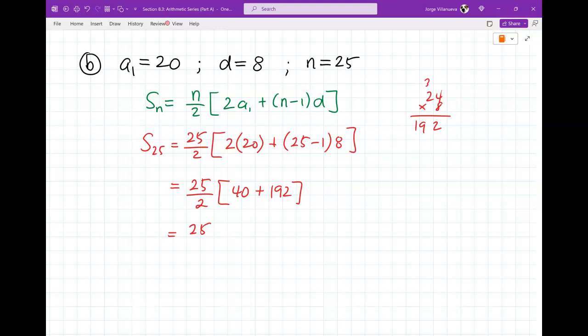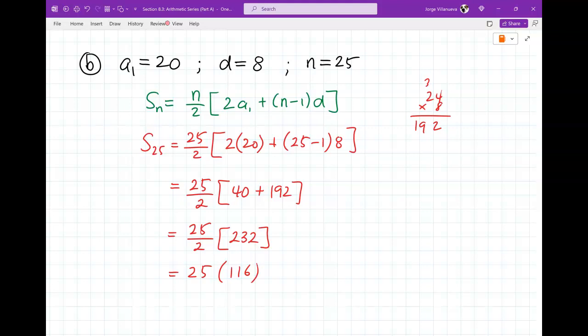So it's 25 over 2 times 192 plus 40, that's 232. And 232 divided by 2 is 116. So that's 25 times 116.